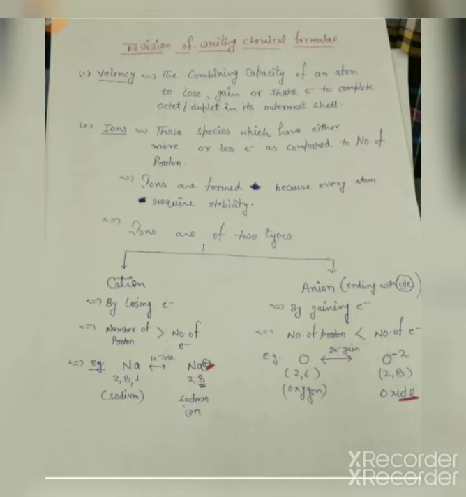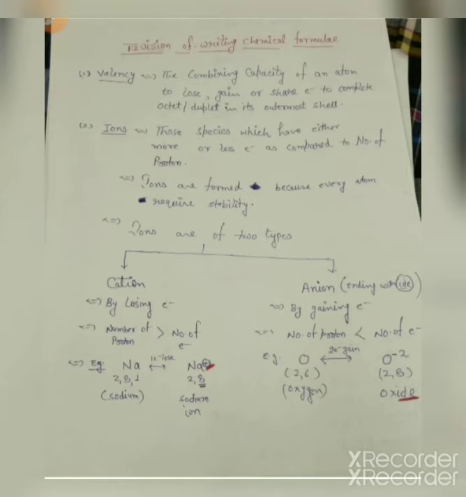Let's take an example, oxygen. Electronic configuration of oxygen is 2, 6. So it will require 2 electron to complete its octet. So oxygen gains 2 electron and forms oxide ion.